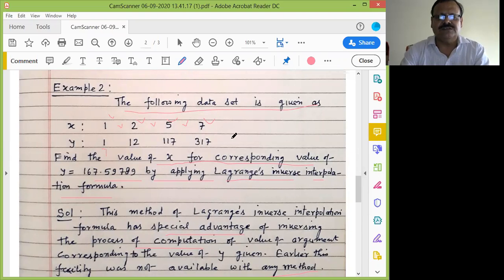Y was approximately 167. Somewhere here you can say 167 lies in between these two, and corresponding to it we have got 5 point something, 5.65.